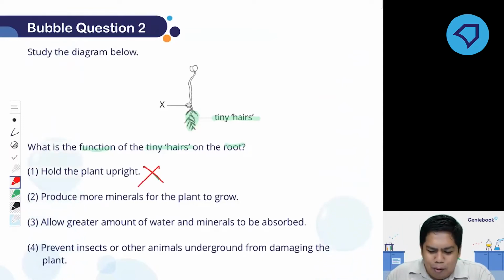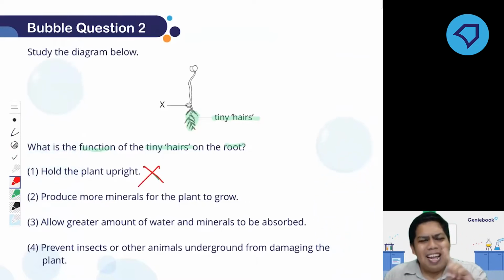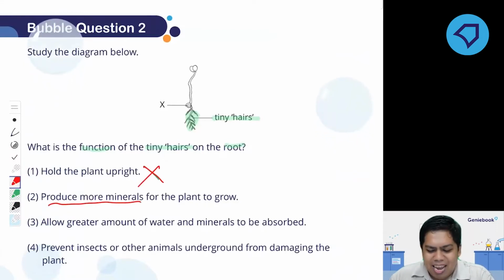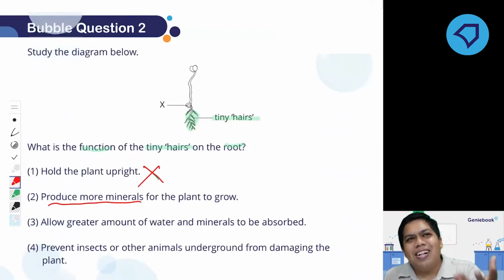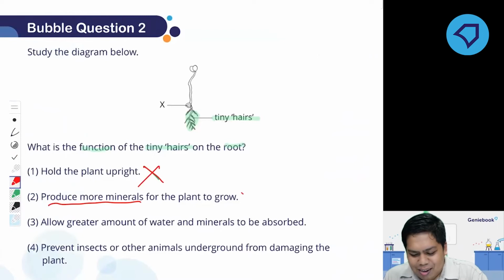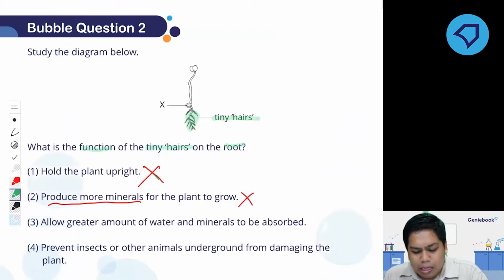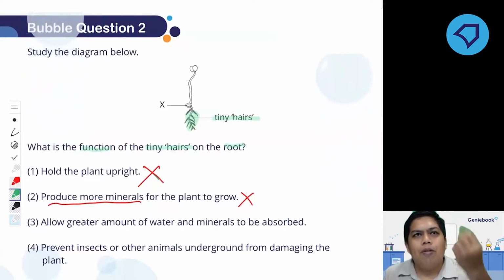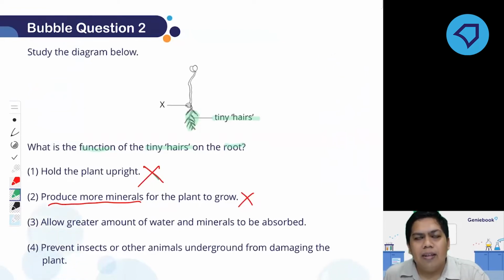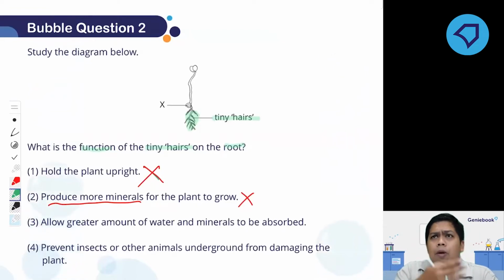And then produce more minerals for the plants to grow. The roots do not produce minerals. The minerals and water are inside the soil. So it does not produce, definitely wrong. And then you see option 3, allow greater amount of water and minerals to be absorbed. Yes. Because of the increase in the surface area, the roots now can absorb the water and minerals better and much more at a faster rate. So you might want to add this in your notes.